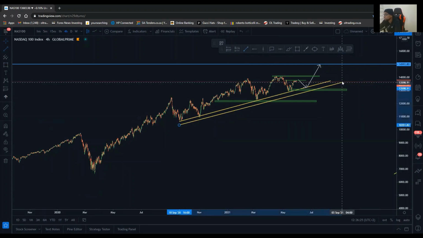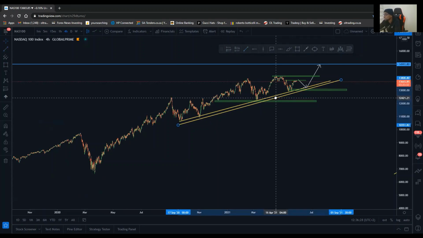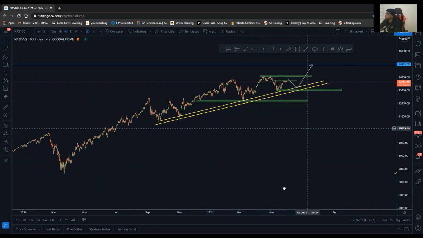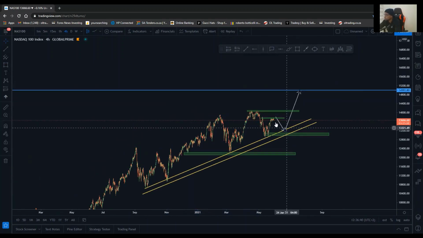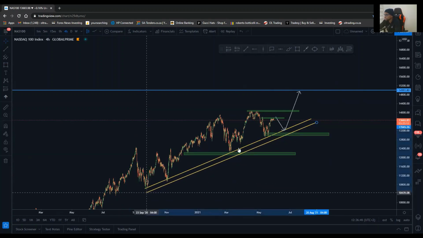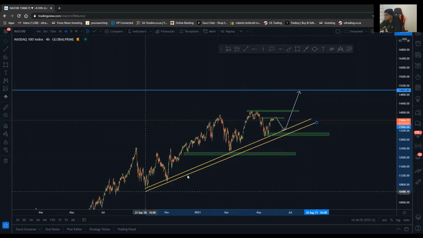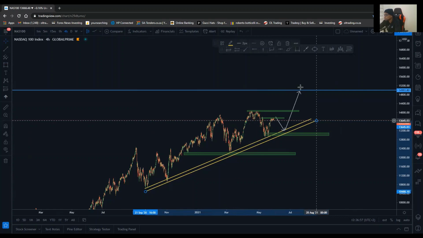You can use a line like this so that you can know that it is a zone, something like this. So indeed we can shoot down, but the significant strongest zone is around this level here.